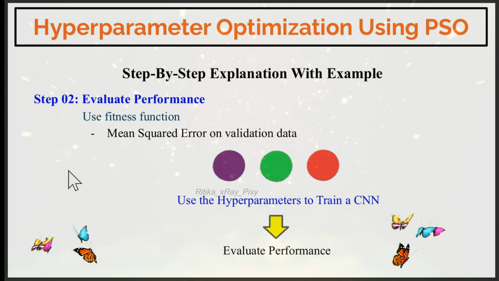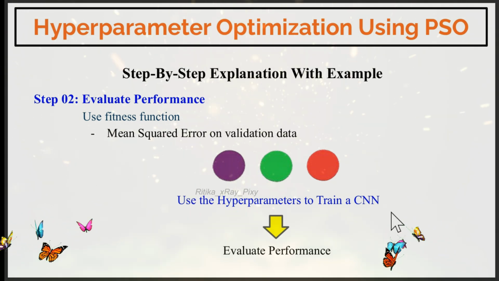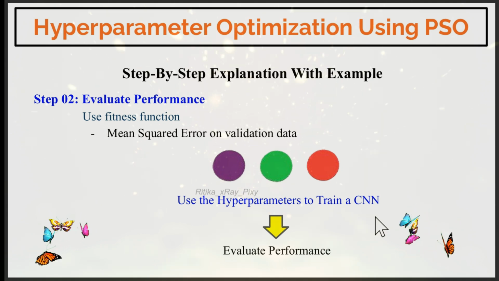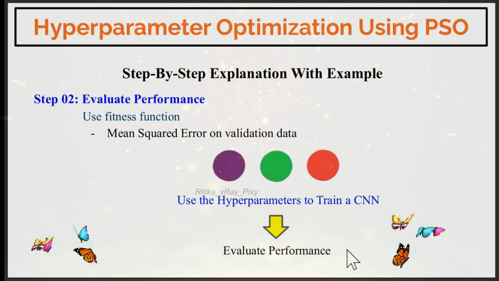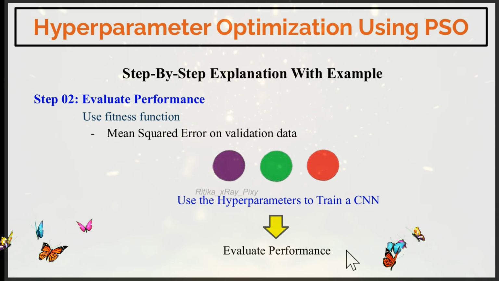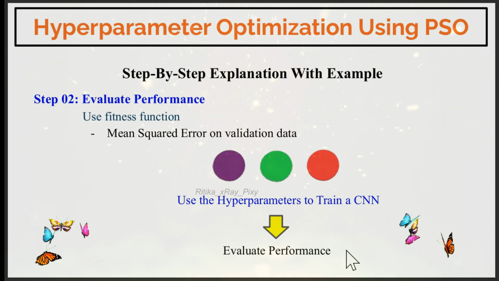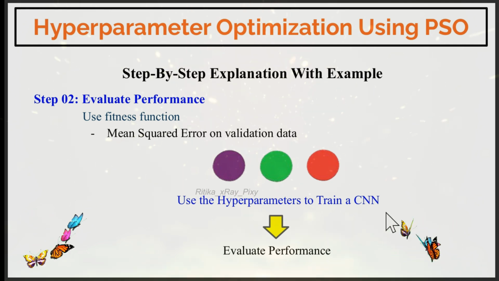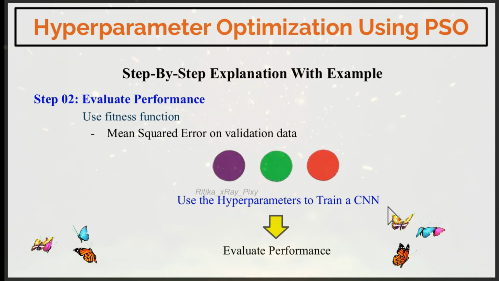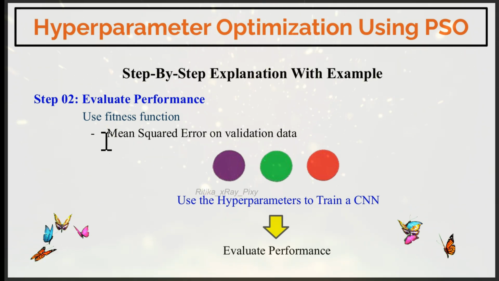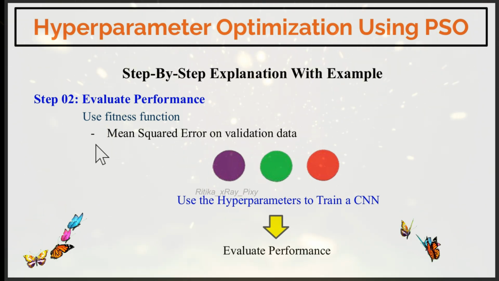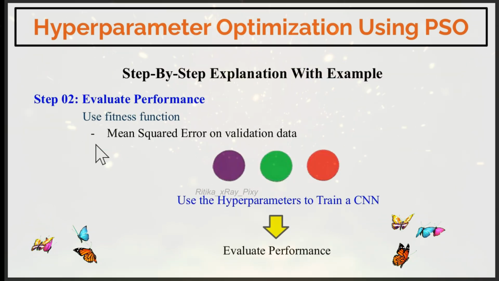As we are training the CNN model, we need an accurate result, so here we will check the accuracy. So here we will calculate the mean squared error. For each particle, we will use the hyperparameters to train a CNN and evaluate its performance using a fitness function, here the mean squared error on the validation data.